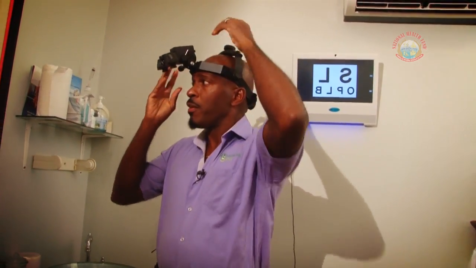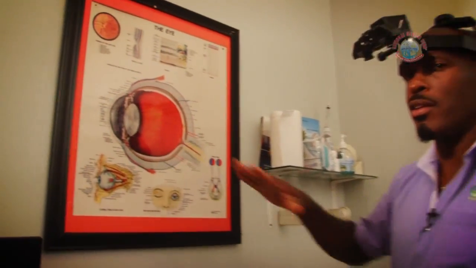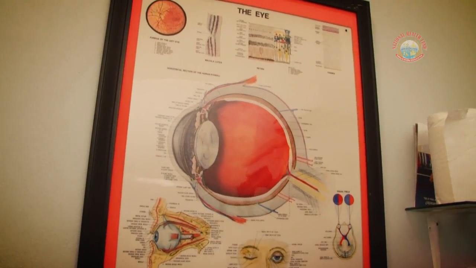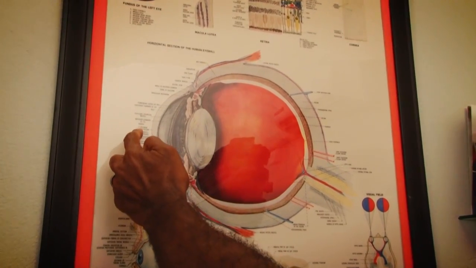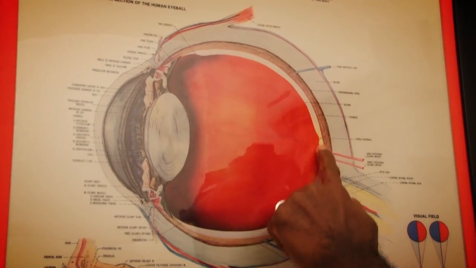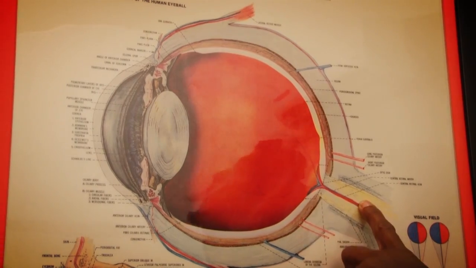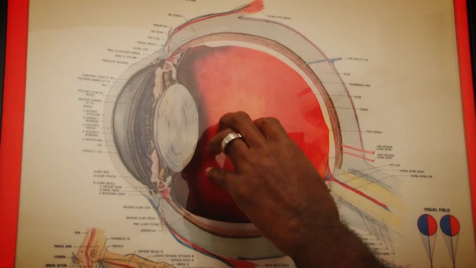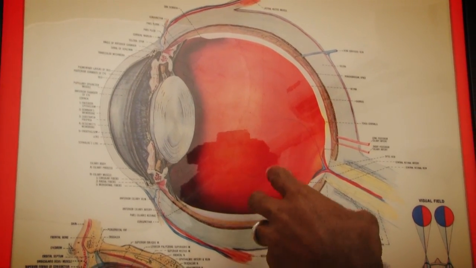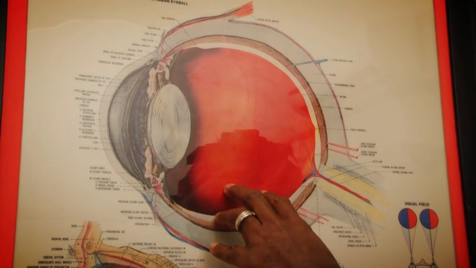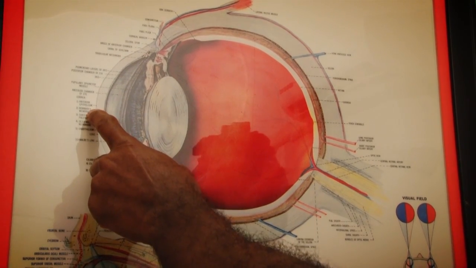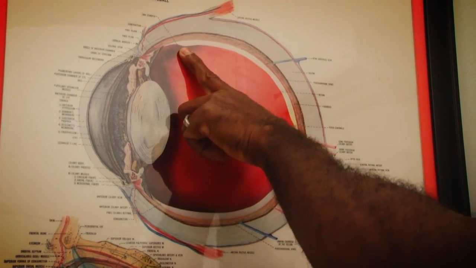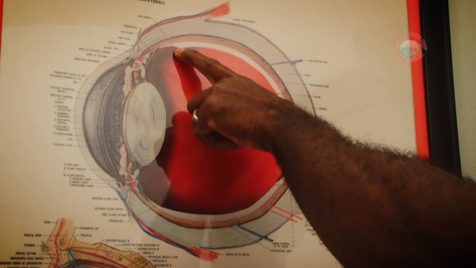And so if we focus here on this chart, this equipment I have wearing on my head, we call the headset, allows us to see all the way back here, the nerve of the eye, the blood vessels in the retina, all along through what we call the vitreous cavity, because if there's hemorrhage or sometimes scarring, this is where it will show itself, and therefore we take the instrument to have visibility through the lens of the eye, all the way to the ora, which is the edge of the retina.